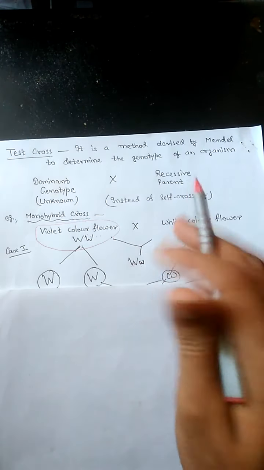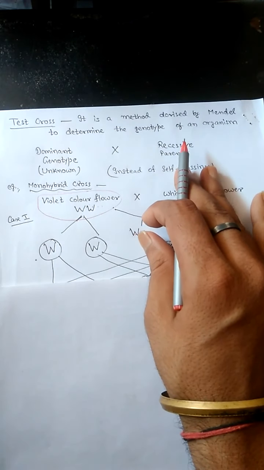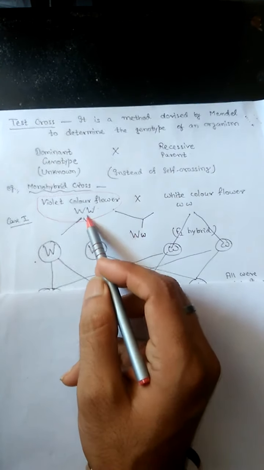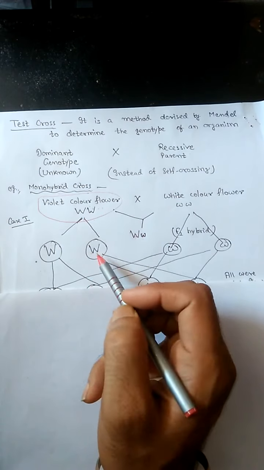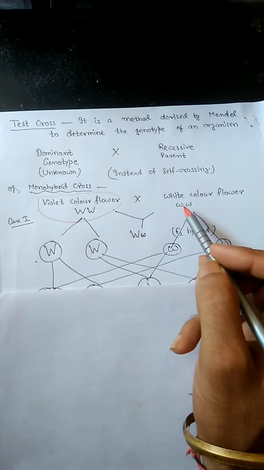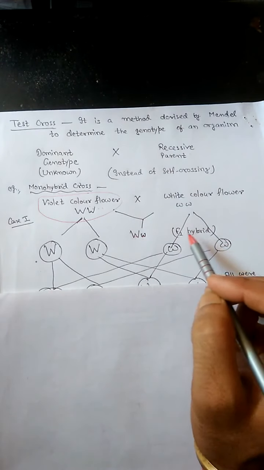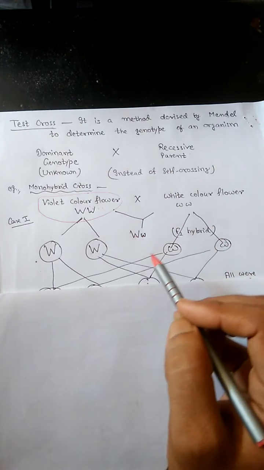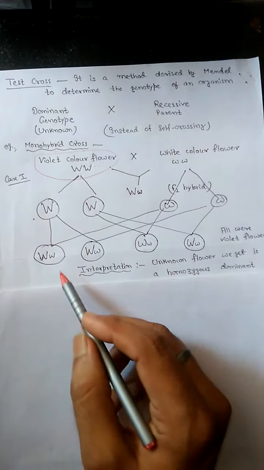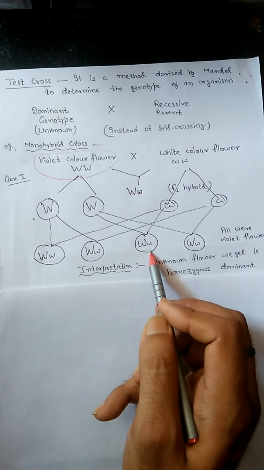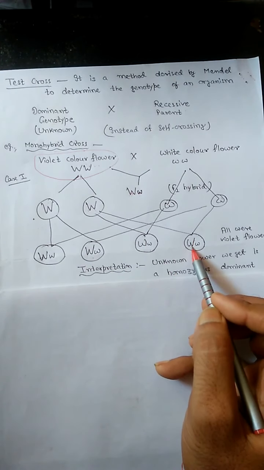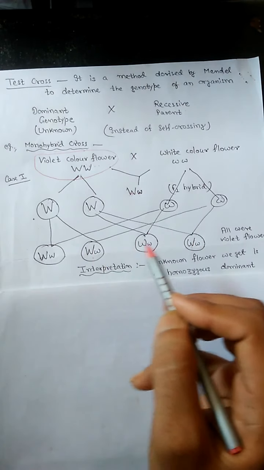In this case, we make a probability chart. In it, both dominant traits are written in capital letters, and here both are written in small letters w, and the F1 hybrid will result in all W capital with the dominant trait.